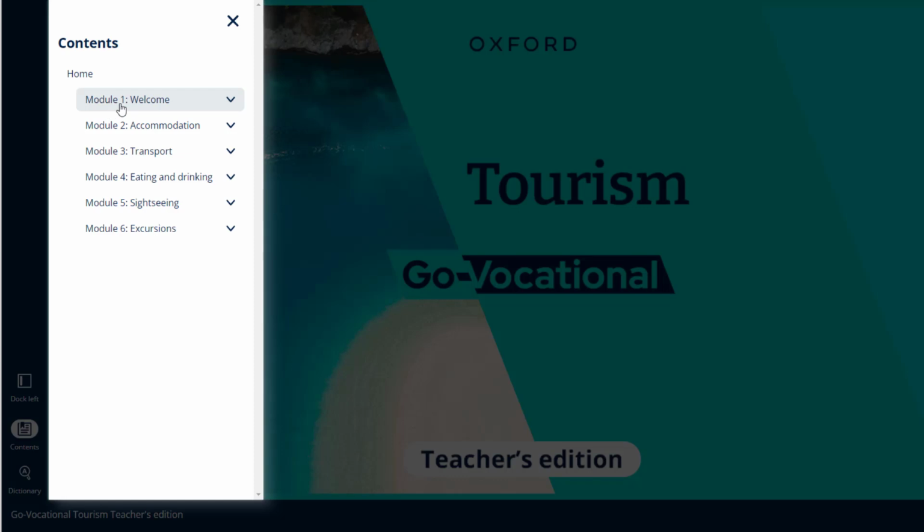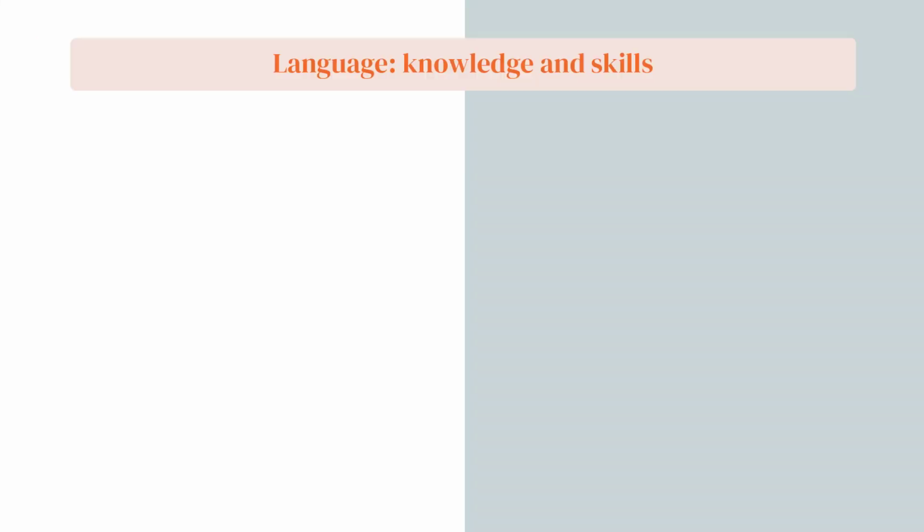Like all Go-Vo courses, tourism has 6 modules. Each module covers a distinct role, communicative function or field of expertise within the tourism industry. At the heart of the flexible learning pedagogy is the separation of productive and receptive language skills into different types of learning models.